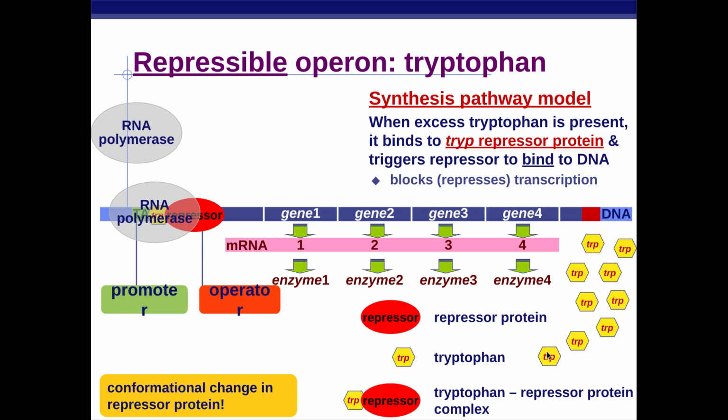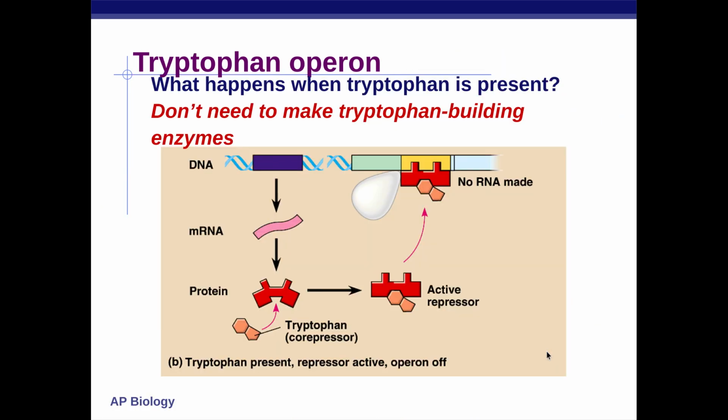Usually the repressor is created by a repressor gene which is upstream, before where the operon is, and that repressor by itself cannot bind to the operator sequence. So the repressor protein is there, but it is not able to bind to the operator.